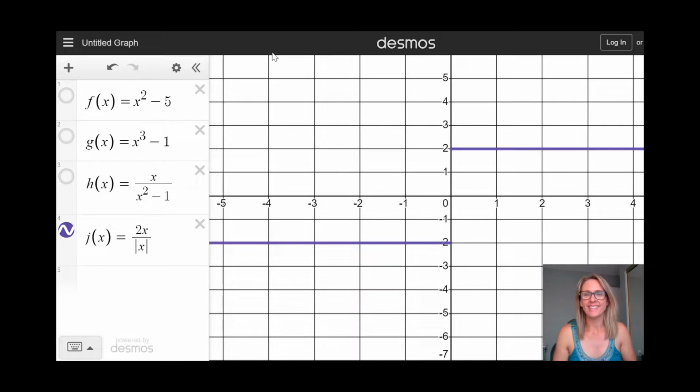And then the last one is this kind of weird function here, which has to do with absolute value. Basically what's happening is, as you put in a value for x, it's getting divided by the positive version of itself because of the absolute value, and then multiplied by 2. But you will see that it is symmetric over the origin because we have the point 1, 2.